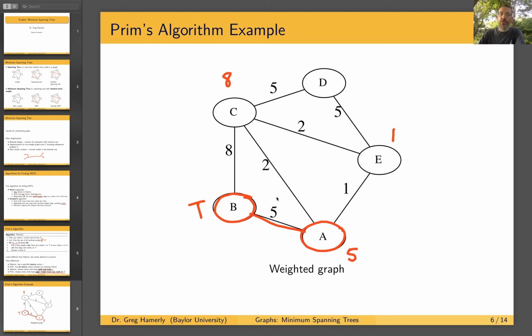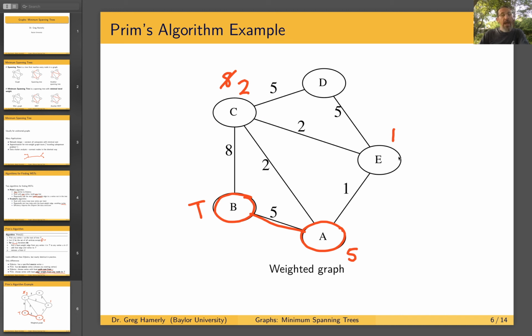And we can reduce the cost of C from 8 down to 2, because now we have a way of connecting C directly to A for a cheaper cost. So again, C is still in our frontier of vertices that we might consider, but its cost of attachment has gone down from 8 down to 2.